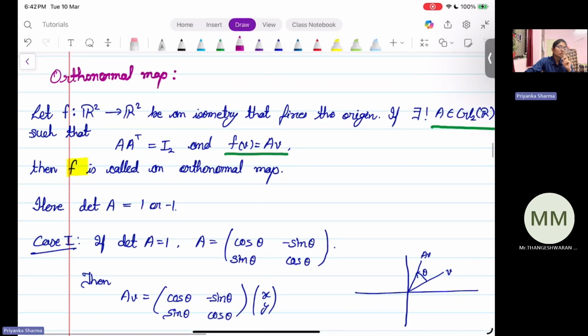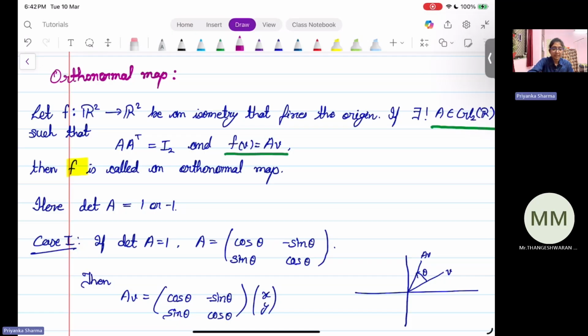So what are orthonormal maps? They are isometries, and the image of any v from R square will be Av, where this A is an orthonormal matrix on R square. Then we say that F is an orthonormal map.